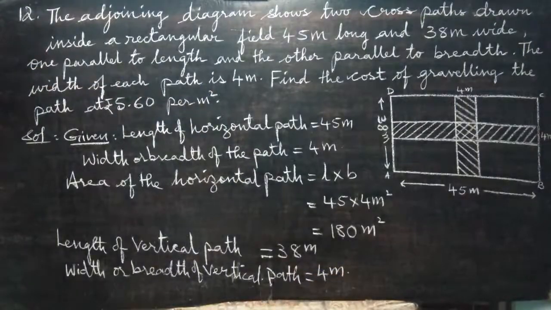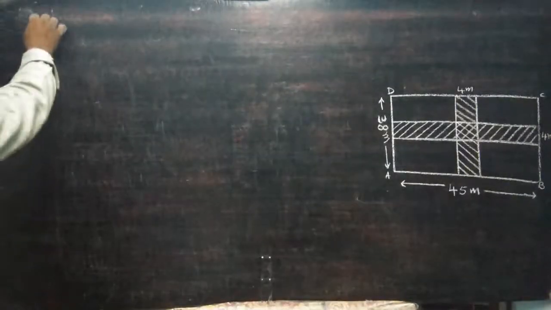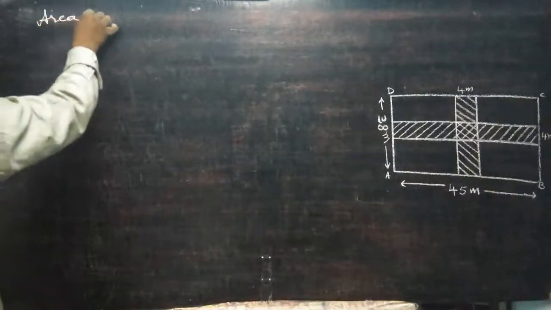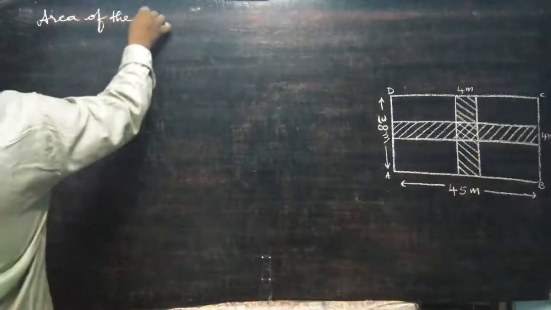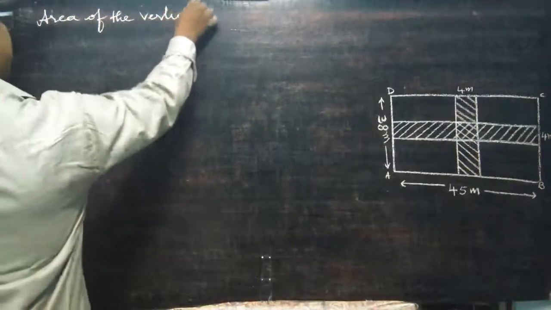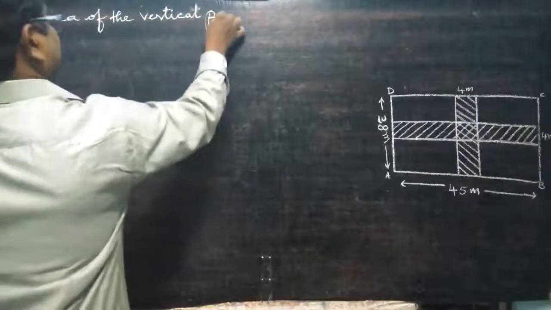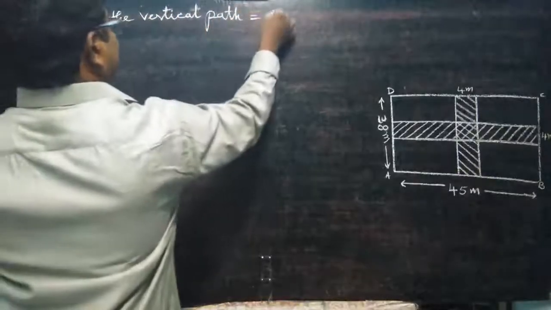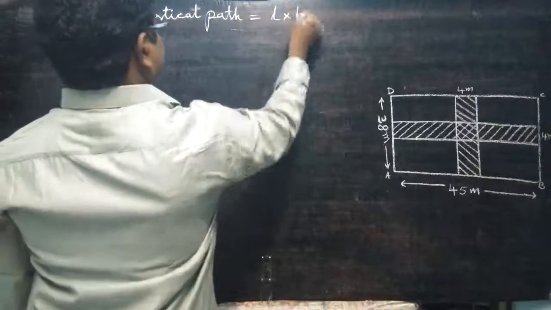Now find area. Area of the vertical path is equal to length into breadth.